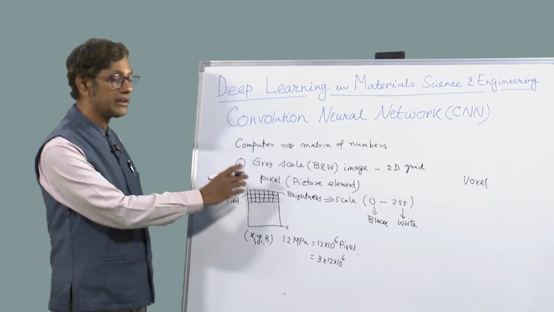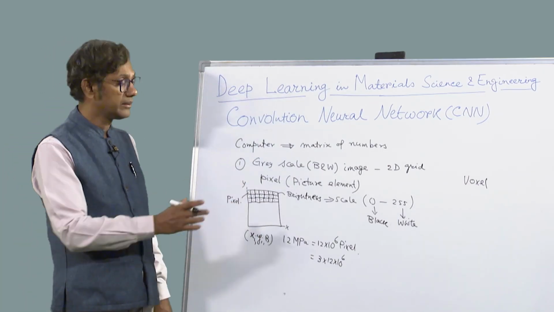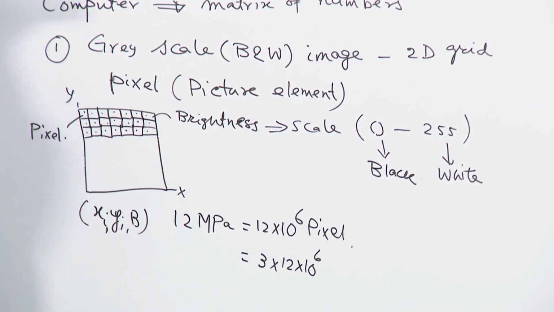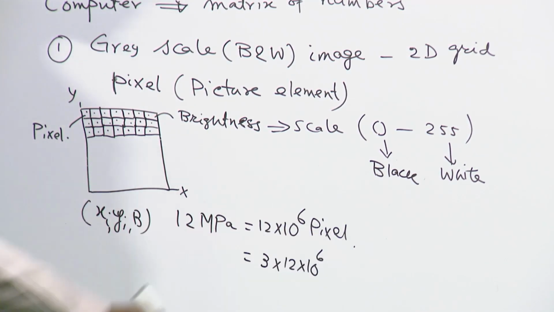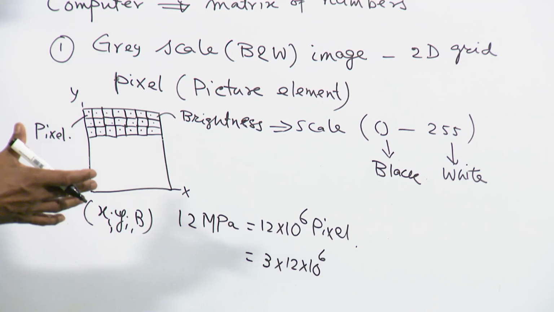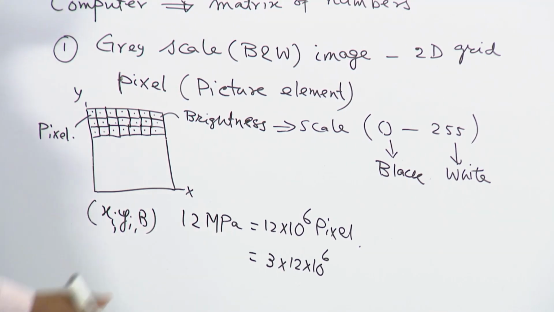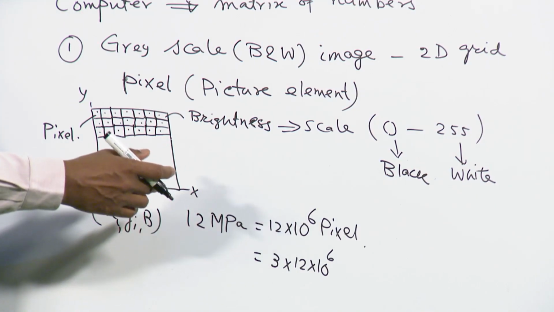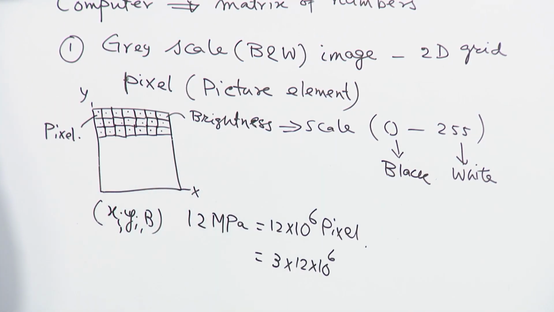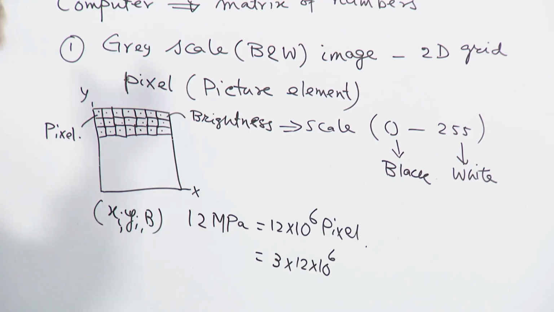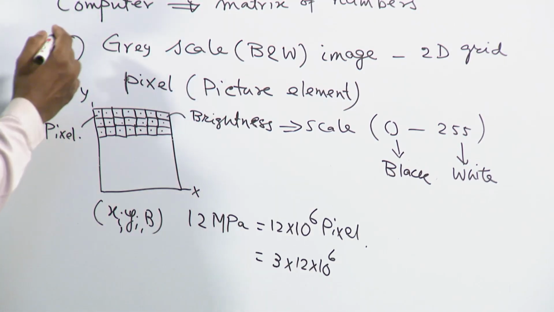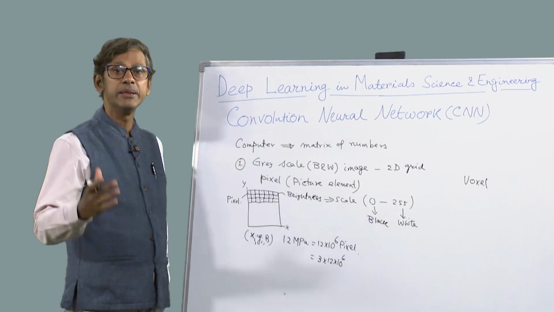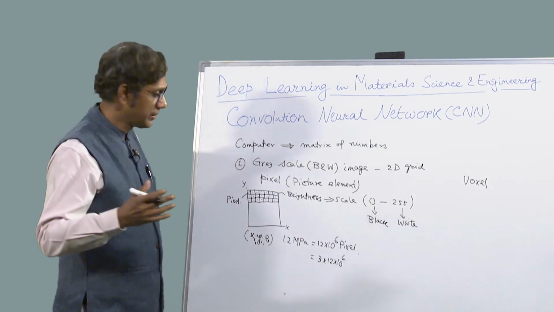The computer will see it that way, as a matrix of numbers. It is a massive, huge number. Think about it, if you have a 100 megapixel camera, what will the number be? That is for the grayscale image, that is black and white. Nobody uses black and white images except when you change the image to black and white and show it.